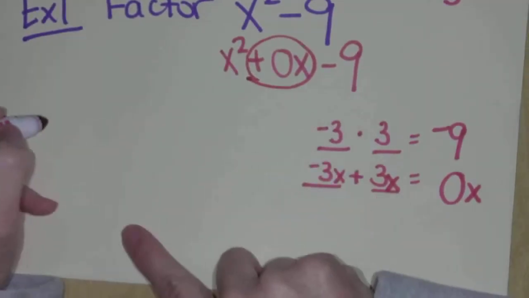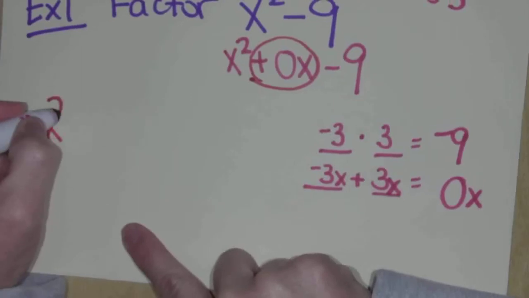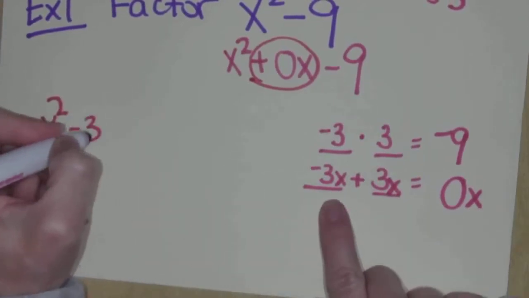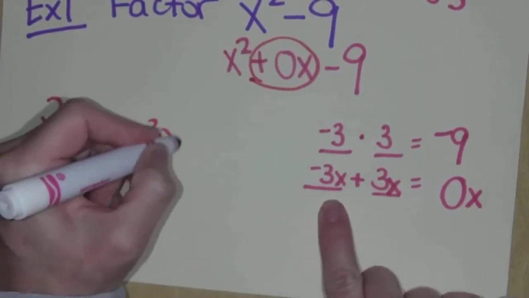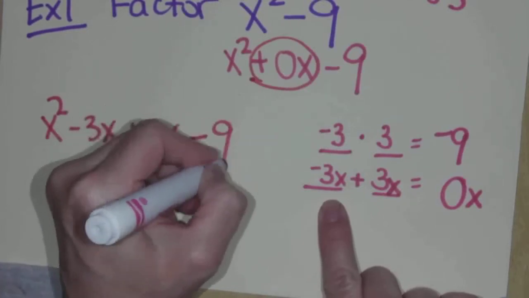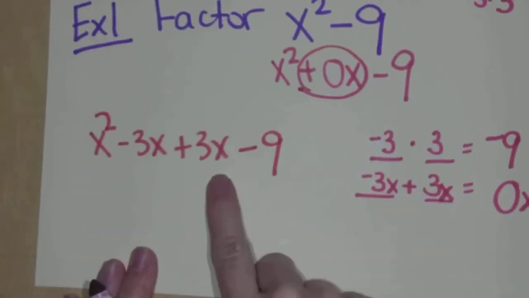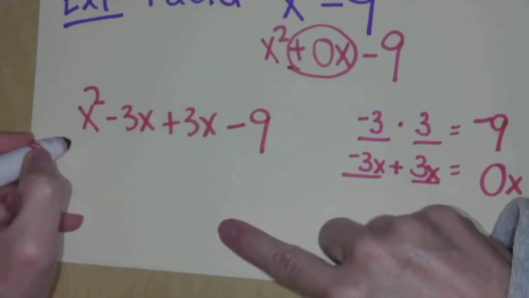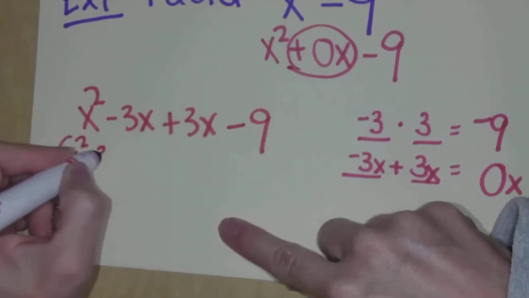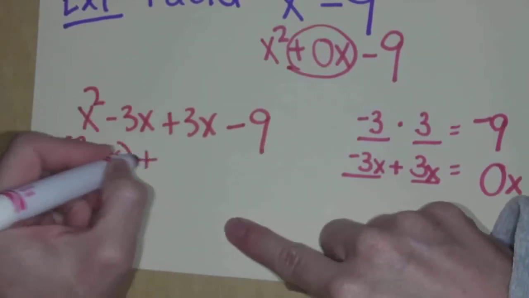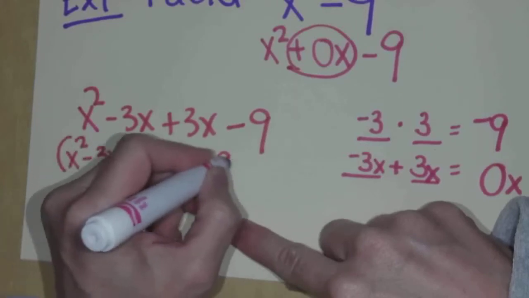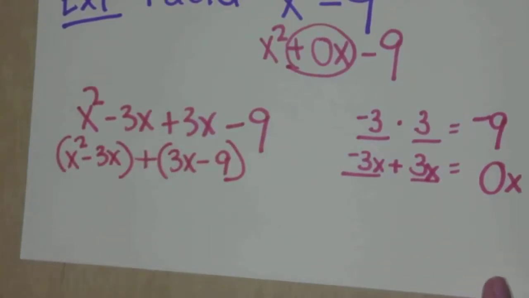So it's going to look like this: x squared minus 3x plus 3x minus 9. Exact same. Now I will group. I'll group together the x squared minus 3x, and I'll group together the 3x minus 9. Notice one little thing.